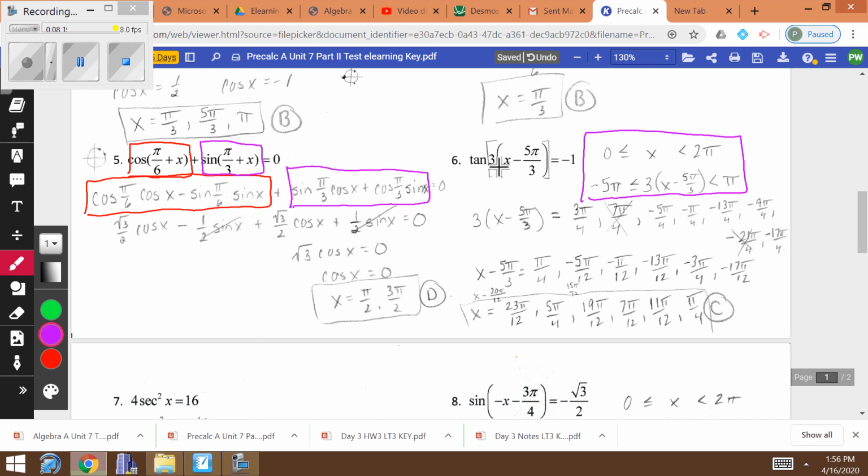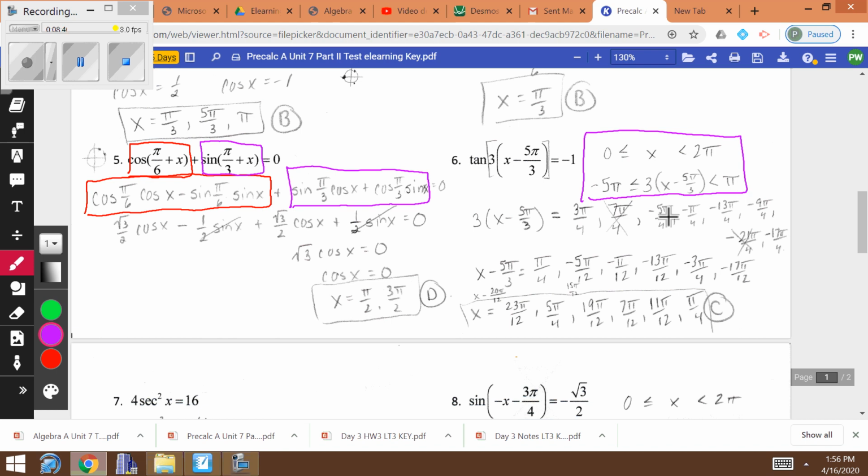But then we are multiplying by that 3 in front. So negative 5 pi over 3 times 3 gives us negative 5 pi. Over here, if I'm doing 2 pi minus 5 pi over 3, that'd be 6 pi over 3 minus 5 pi over 3, or 1 pi over 3. But then times 3, notice, just gives me 1 pi.